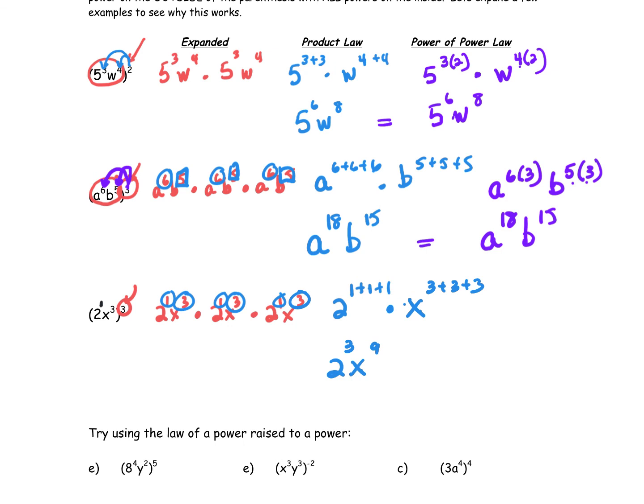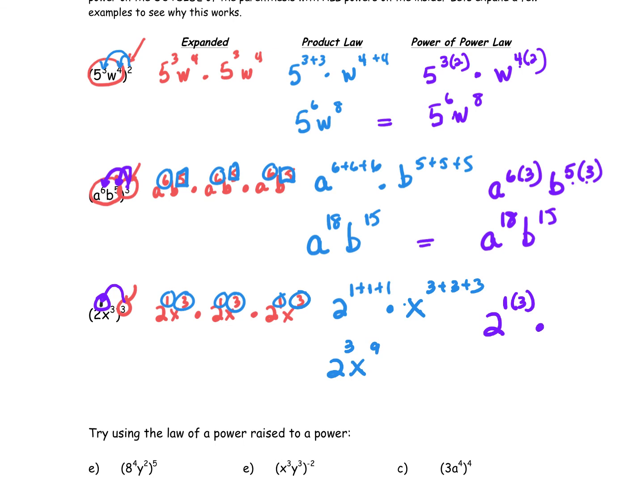So let's see what that looks like if I use the power of power law. So according to the power of power law, I'm going to take this 3 times this 1. I'm going to keep my base of 2, and I want to use that power of 1 to help, and I'm going to multiply by the outside power, which is 3.